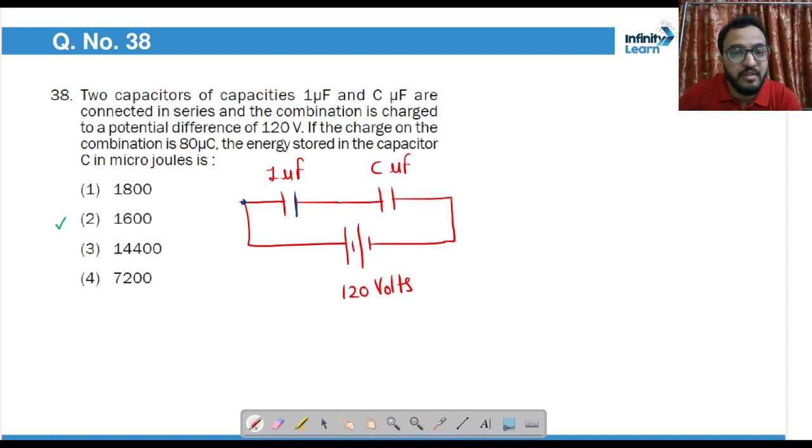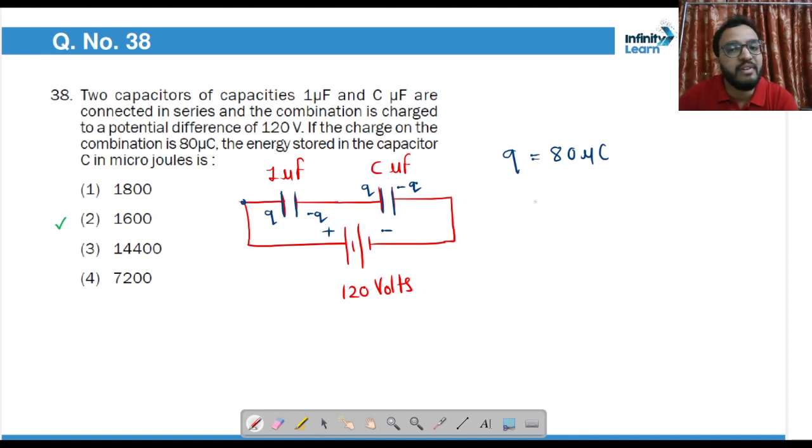This is positive, this is negative, right? This condition is given. The charge on the combination is 80 microcoulombs. So obviously Q and minus Q. So overall the charge Q is 80 microcoulombs, right? What is the energy stored in the capacitor of C microjoules?